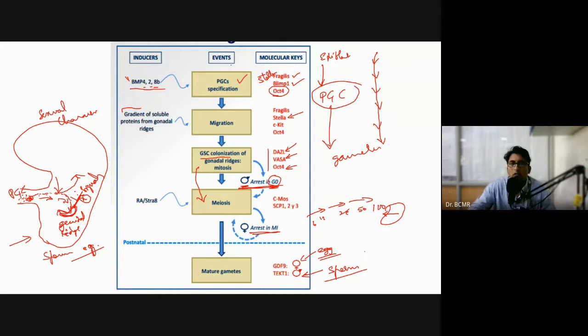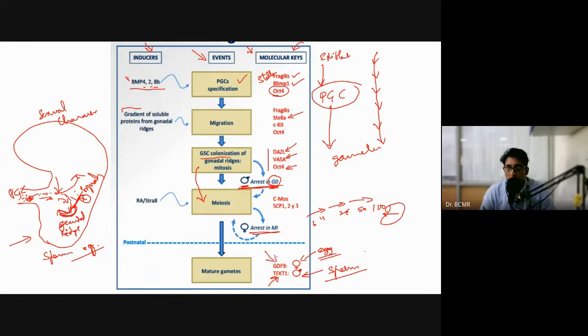So what we are trying to see here is what induces these processes and what event is occurring in the normal body, and what are the molecular keys within the cell that are a consequence and also a requirement for the next step. Okay. So we'll use these as molecular markers. That means if there is any cell that is producing TEKT1, it must be a sperm.